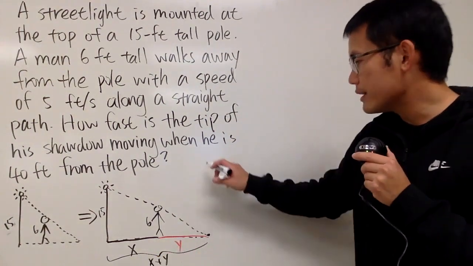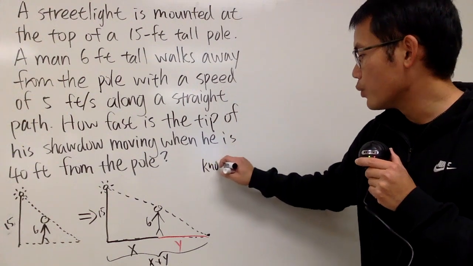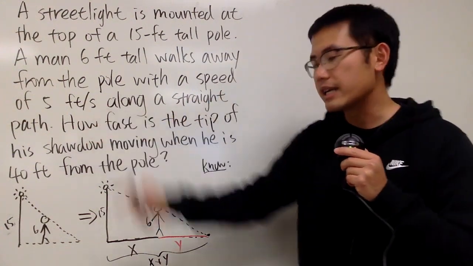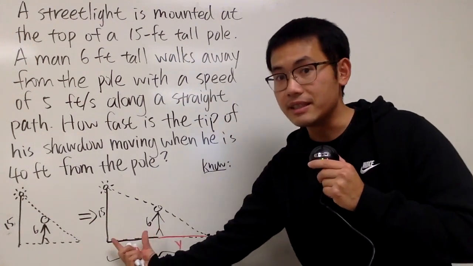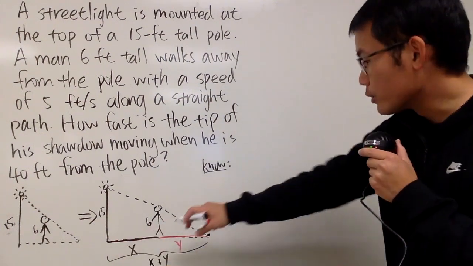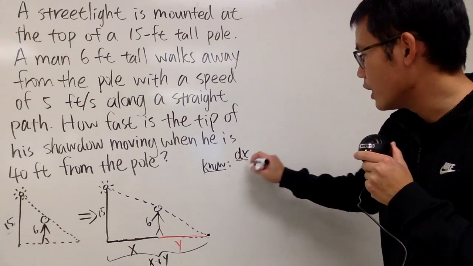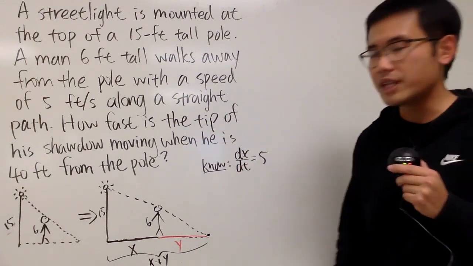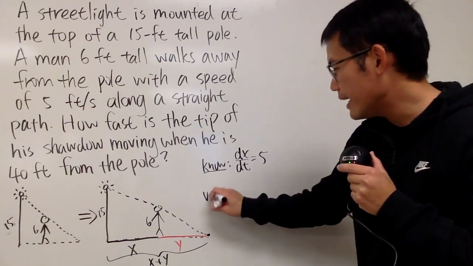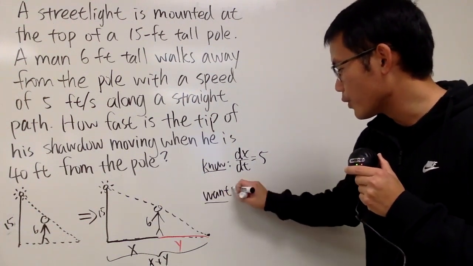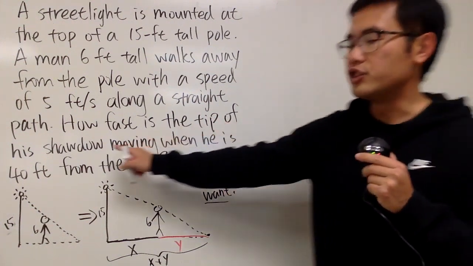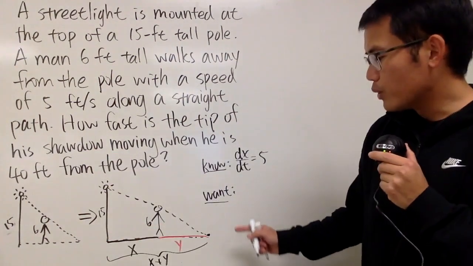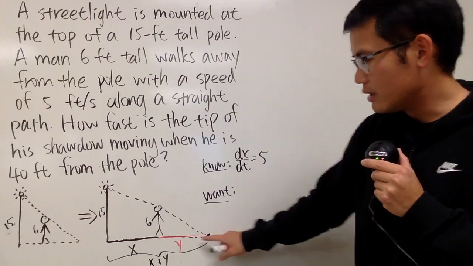And now we just have to write down the information that we know. First of all, we know that he's walking at a speed of 5 feet per second. So that's this distance changing, so we know dx/dt. Anytime you see rate or speed in calculus, in related rates, that's the derivative. So we know this. And what do we want to know? Well, the tip of the shadow away from the pole, right? So we want to find out the rate for the whole thing.